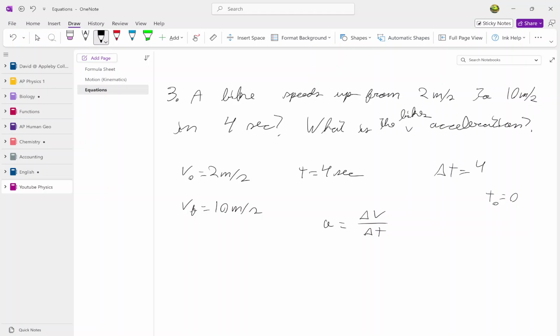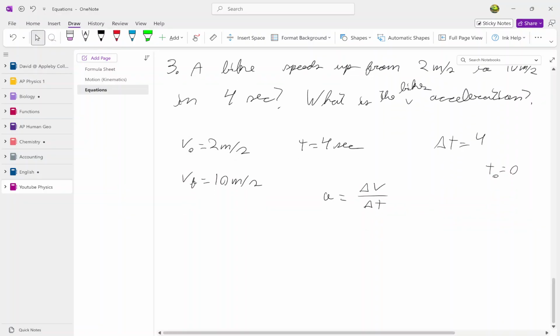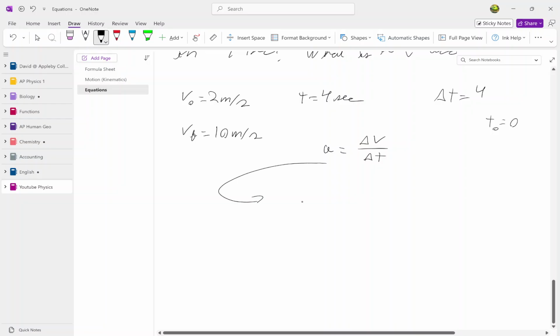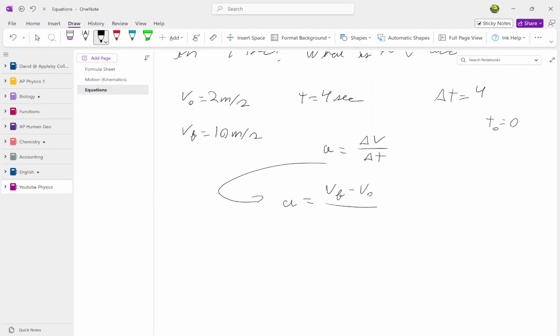This is just for convenience and time, but don't always do it because they might trick you. So let's rewrite the equation: a equals V final minus V initial. Remember, delta equals the change, so the final minus the initial, over the time, which equals 4.